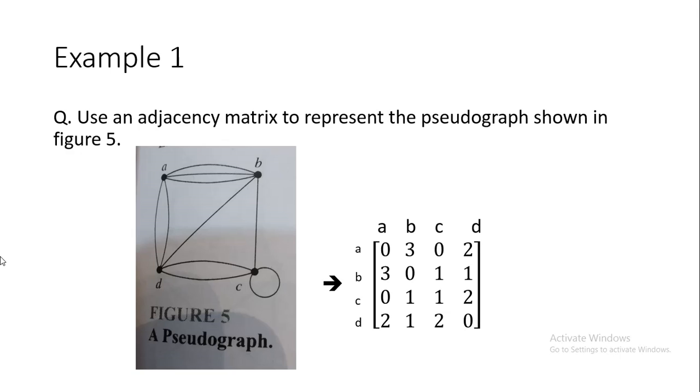First order the vertices A, B, C, D in the rows and the columns. From A to A there is no loop present, so the value is 0. From A to B, there are three edges present, upper, down and middle, so the value will be 3.